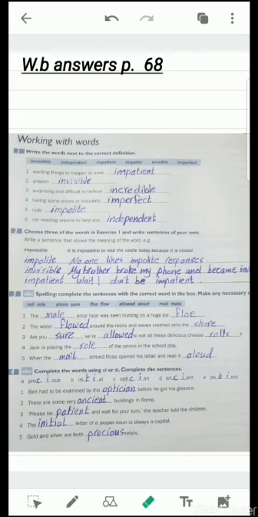Allowed A-L-L-O-W-E-D, permitted. Aloud A-L-O-U-D, in a loud voice. Mail M-A-I-L, mail. Male M-A-L-E, male.